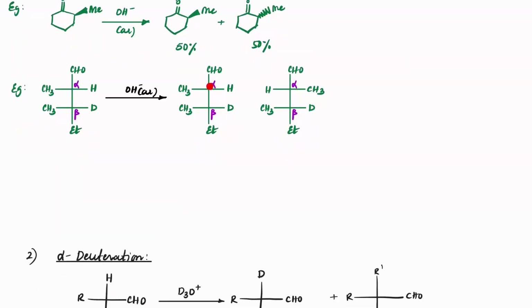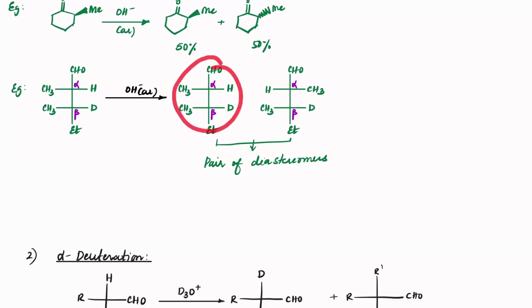But this time, although the configuration has changed at these two positions, that does not make them enantiomers. These two would simply become a pair of diastereomers. Usually, diastereomers are not necessarily 50% each.